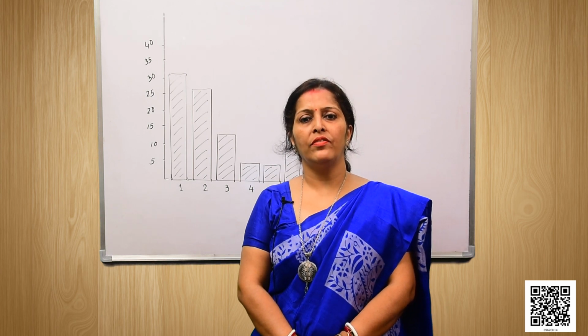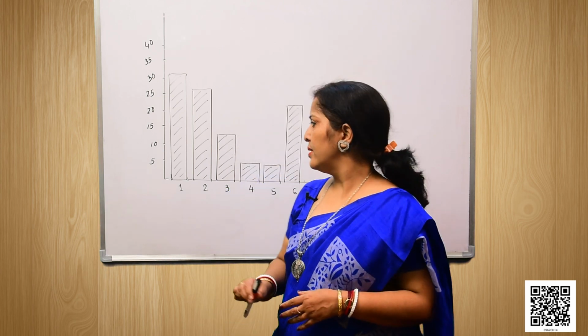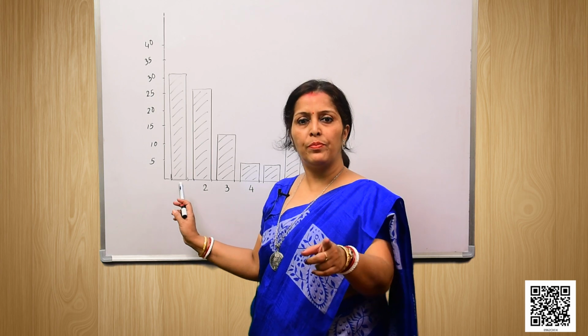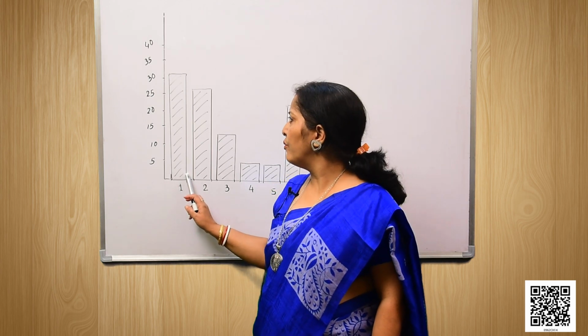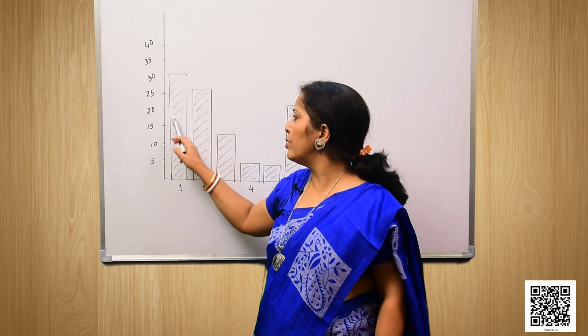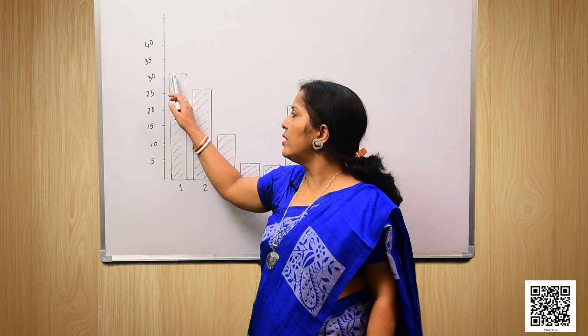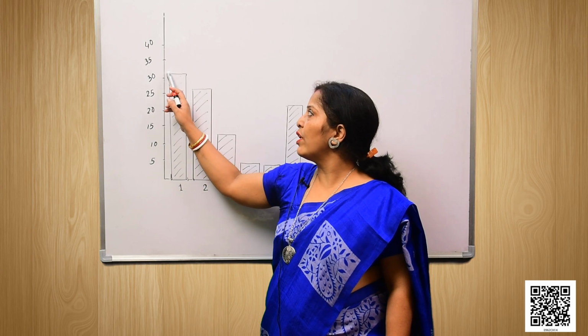So here is the solution for question number 1. The serial number 1 represents reproductive health conditions, and the percentage is 31.8. Here I have written 1, which represents the reproductive health conditions, and along with it we have drawn a bar graph up to the point 31.8.